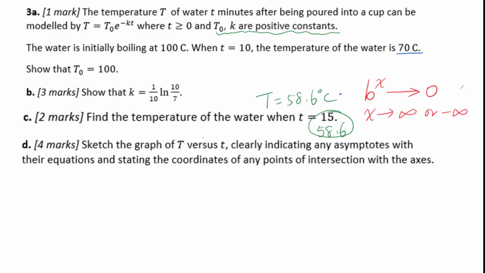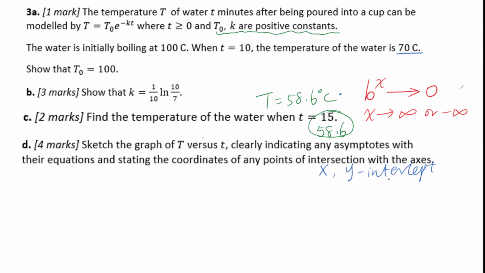Sketch the graph of temperature T versus time t, clearly indicating any asymptotes with their equations and stating the coordinates of any points of intersection with the axes. Intersection with the axes basically means the x and y-intercepts.